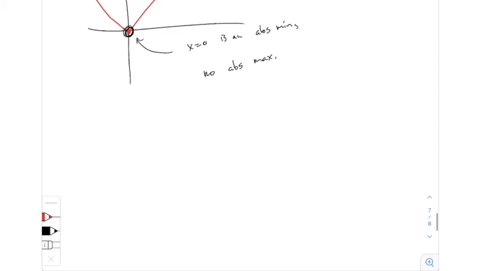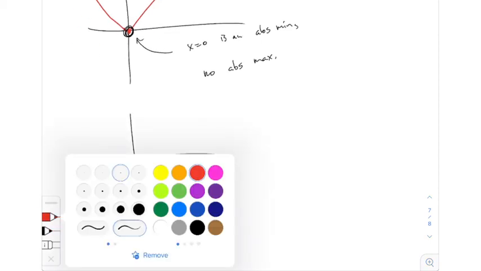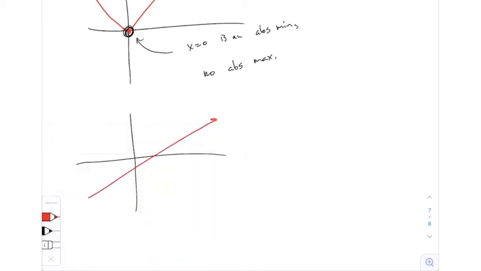How about a very simple example, a line like this? What would you say about the extreme values for this one? I see some people shaking their heads sadly. There are no extreme values here.